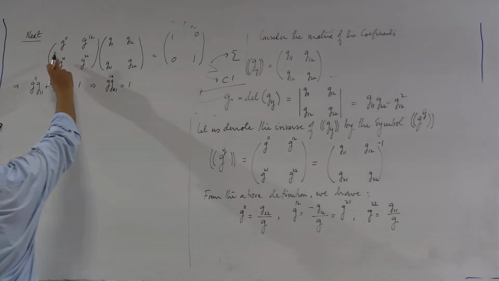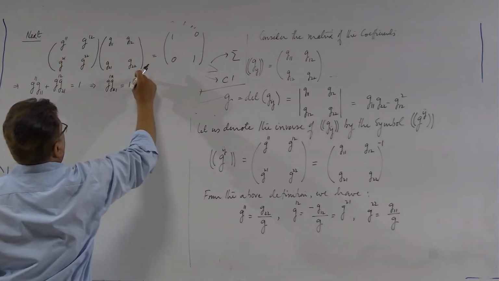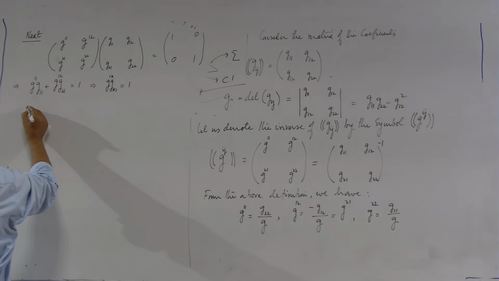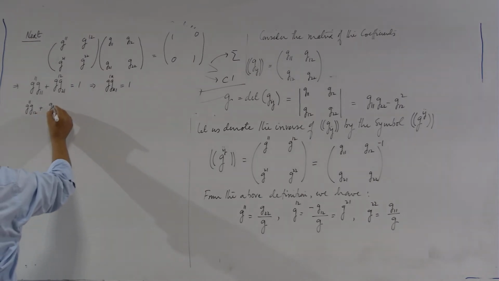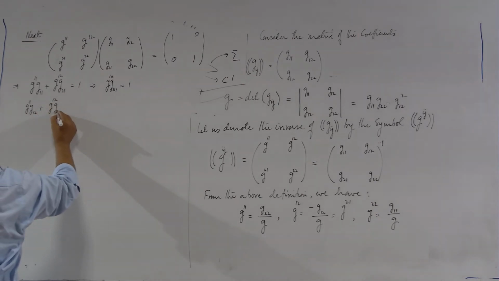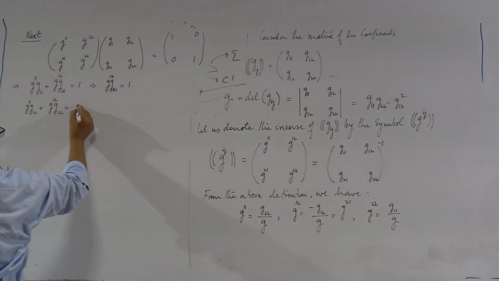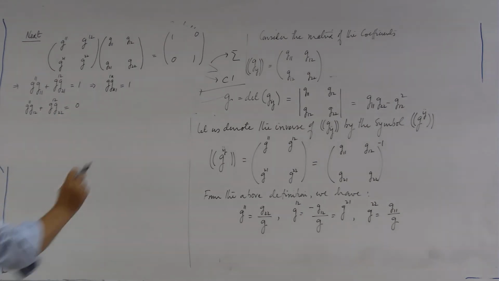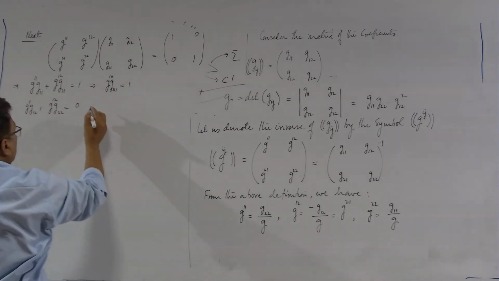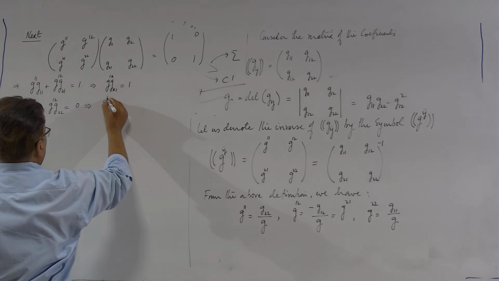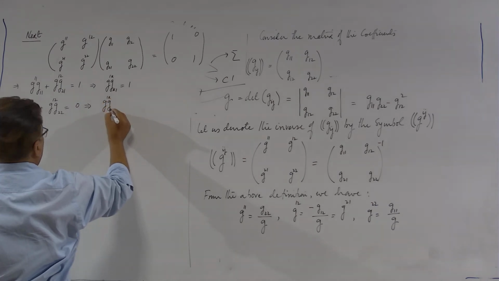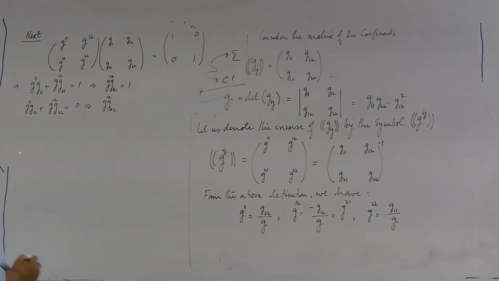And now I multiply the first row with the second column, so that will give me G upper 11 into G lower 12 plus G upper 12 into G lower 22, that is 0, because this 1 2 entry over here is 0. That means it is G upper 1k into G lower k2, k running from 1 to 2, equals 0.